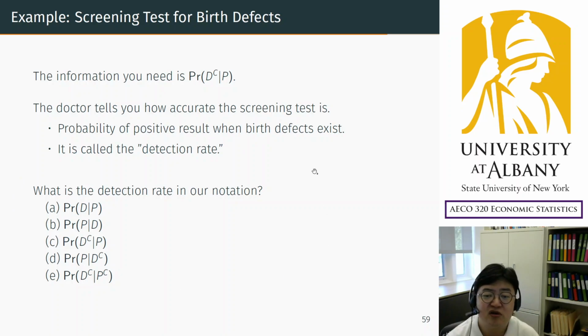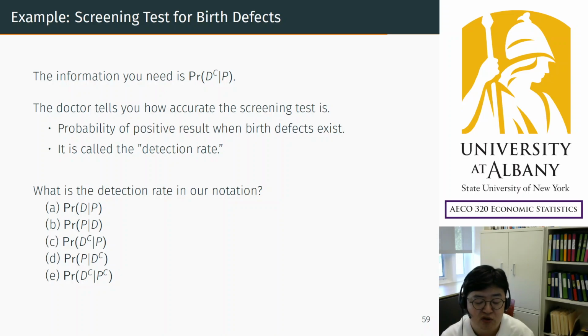Then how can you translate detection rate to our notation? So in the medical lab, I have no idea about medical, but just imagine. You have many samples, and you already know that they have birth defects, like sample genes, sample DNAs.